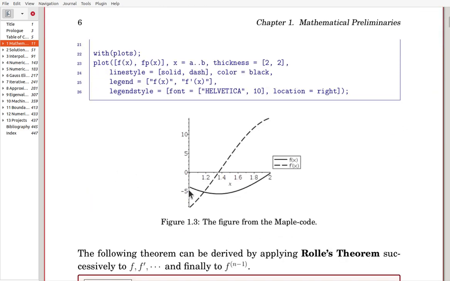Pictorially, that is the original function f of x, and that is its derivative. Once we solve for the derivative equal to 0, we get this value, and from here you can get the function value. That is f of c, and that is f of a, f of b. Apparently, f of c is the minimum, and f of b is the maximum.